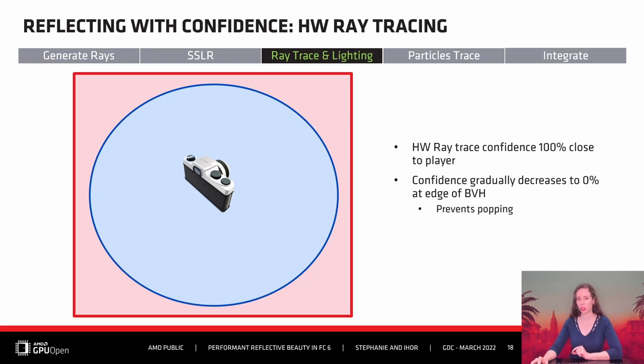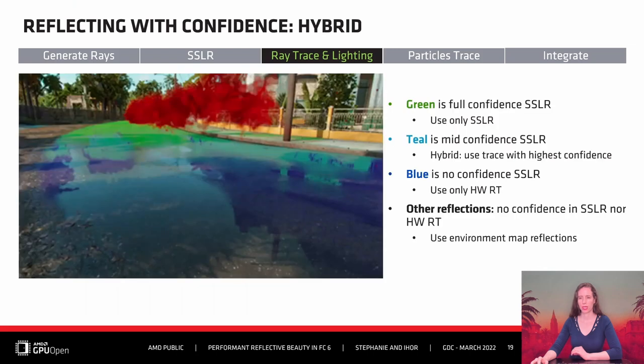We also track the confidence level with hardware ray tracing. Close to the player, we have 100% confidence in the hardware ray-traced reflections. As the reflections get closer to the outer edge of the BVH, the confidence level is gradually decreased to 0. This prevents popping.